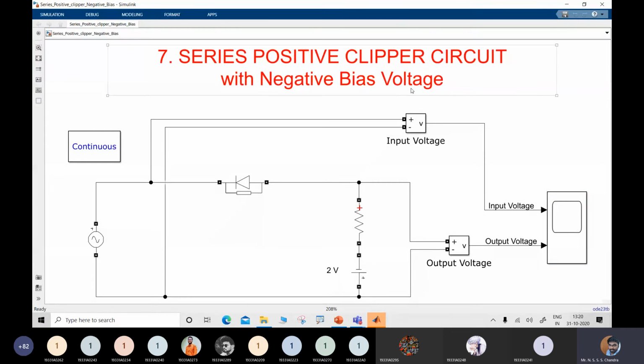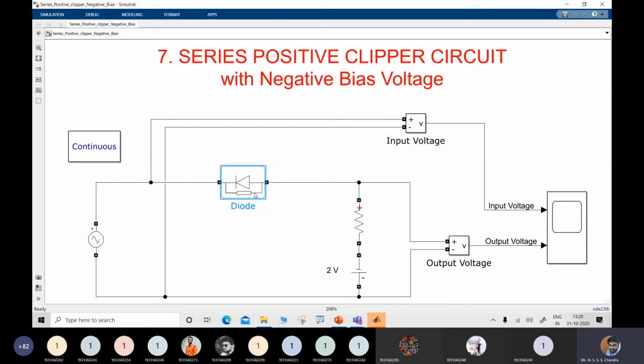So it's the 7th circuit, series positive clipper circuit with negative bias voltage. So we are giving the negative terminal over here instead of the positive terminal at the top. We are giving the negative bias. Okay, so initially we were considering the forward voltage as 0.